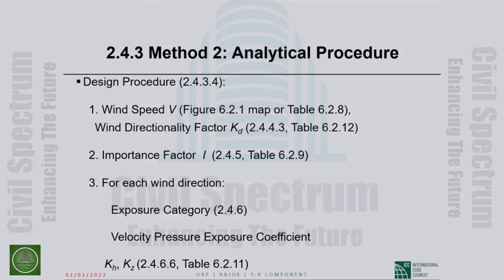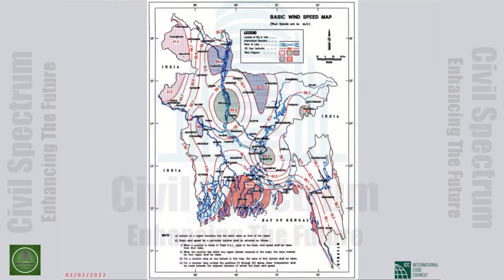For each wind direction, you have to have the exposure category, and then the Kz factor, the combined height and exposure coefficient. They're calling it the velocity pressure exposure coefficient. So let's look at some of that.